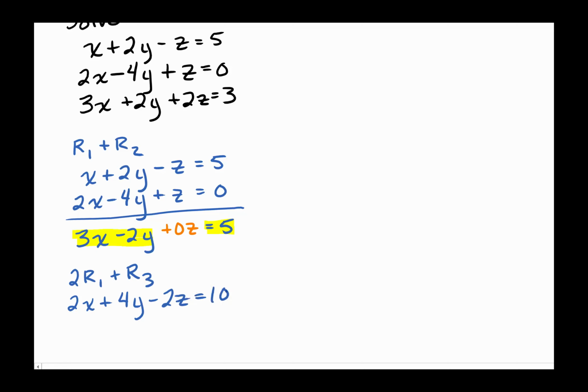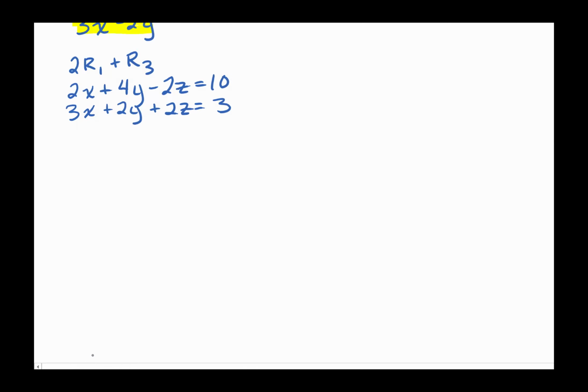And then row 3, just as is, 3x plus 2y plus 2z equals 3. And so completing that elimination gives us 5x plus 6y, plus 0z, equals 13. And so that's our second equation, another 2 by 2 equation.